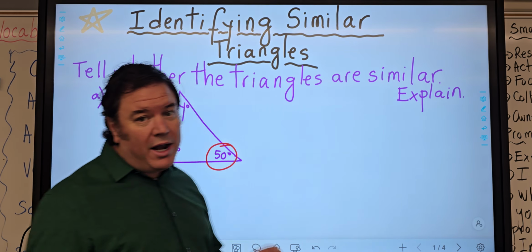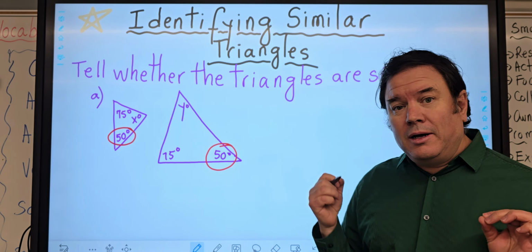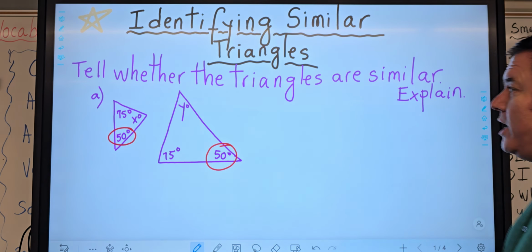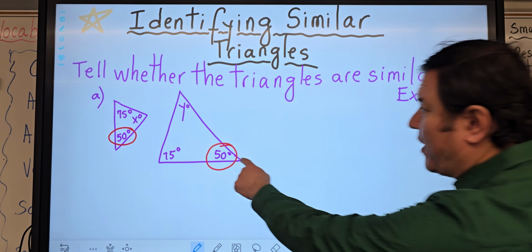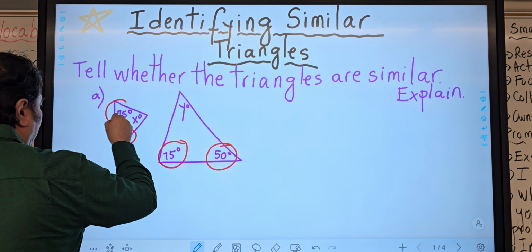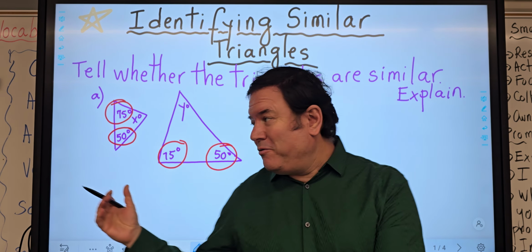So at least we have one angle, but we need one more angle, okay, to conclude that these triangles are similar. Now, let's take a look here. We have 75, and here we also have 75. So because we have at least two angles the same in both of these triangles, we can conclude that both of these triangles are similar.